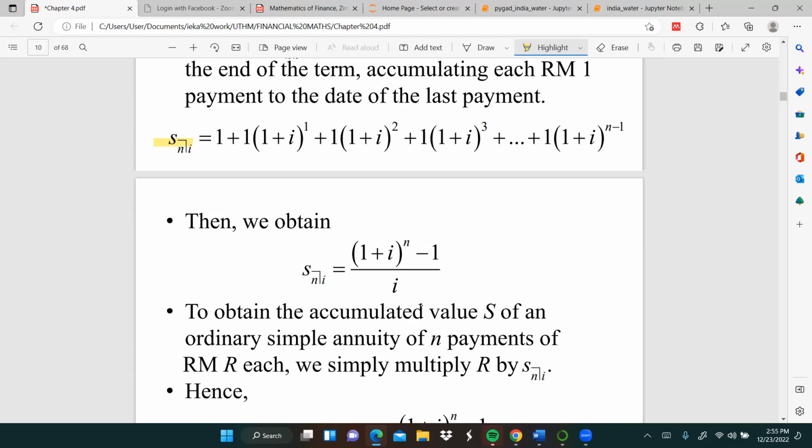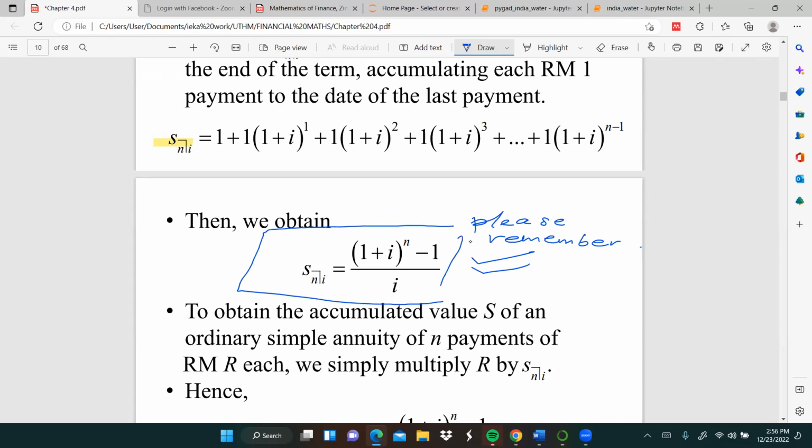I want you to highlight this part. This is very important. Please remember how to find S angle n at i.